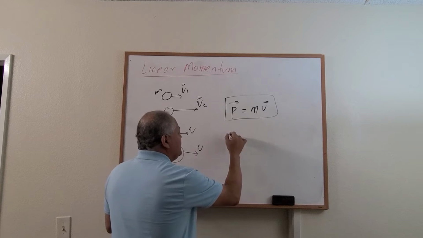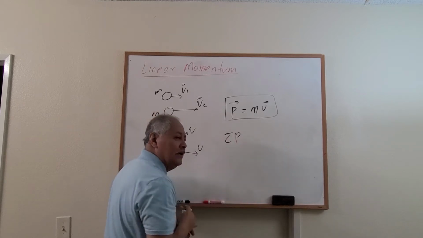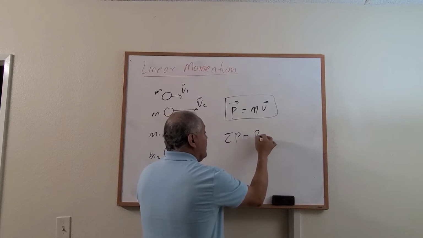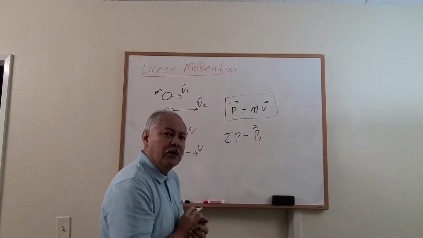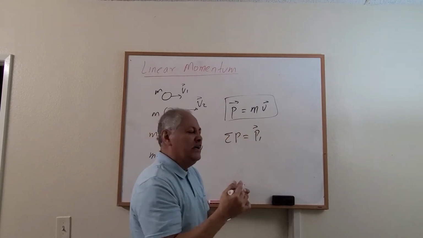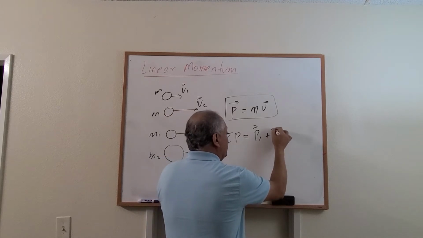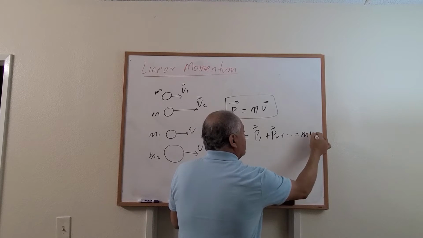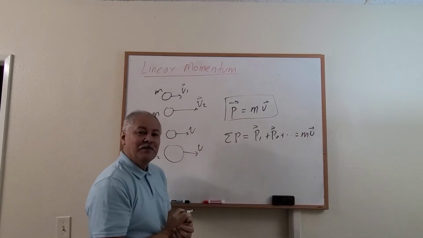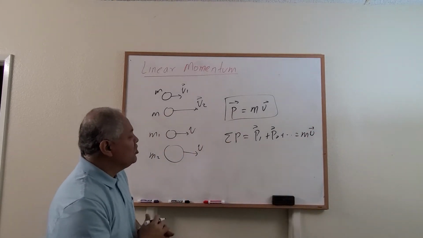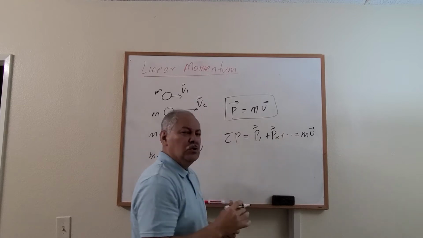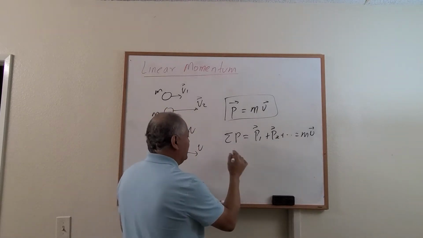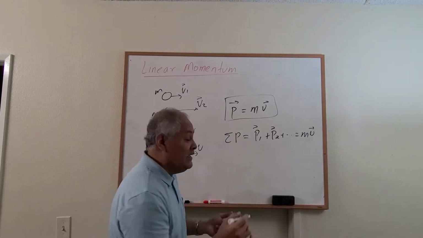So in this case, the net or the sum of the momentum for a system is equal to the momentum of particle 1 plus the momentum of particle 2, and so on, equal to mass times velocity. Also, we can use the vector notation, for example using components.